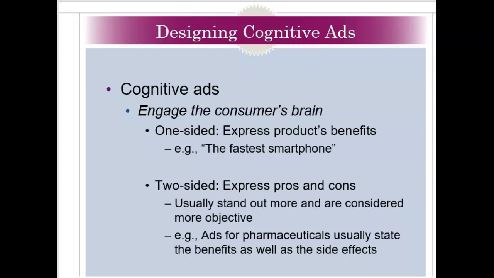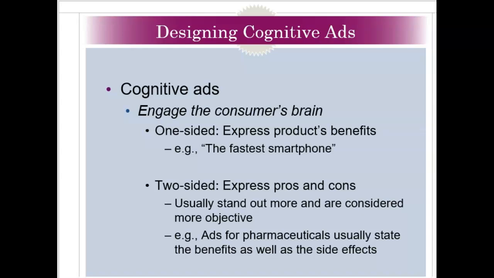In a two-sided cognitive approach, we'd express the pros and cons of our product, and usually you want to make it considered. We want to try to make it as objective as possible, and we're thinking about the actual pros and cons of our product to the consumer.